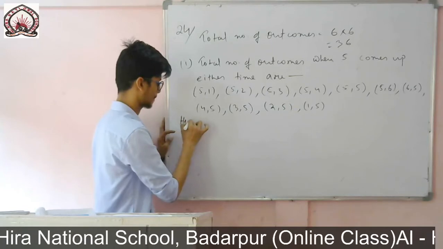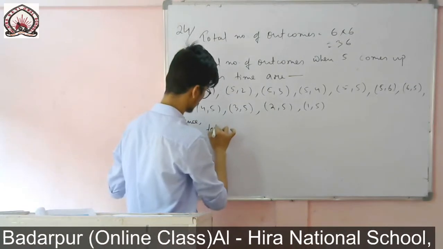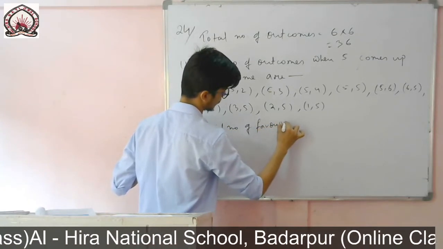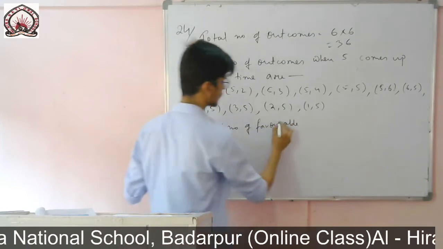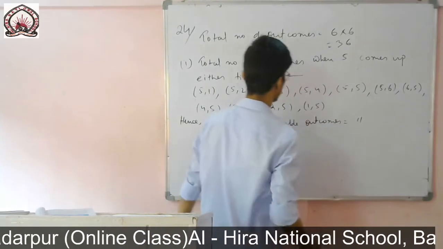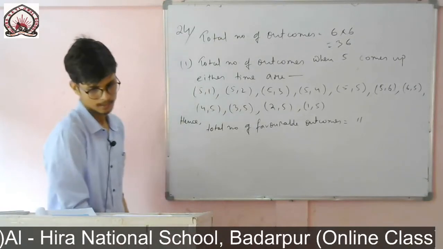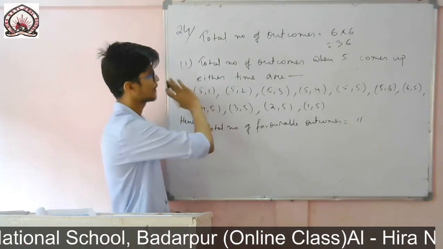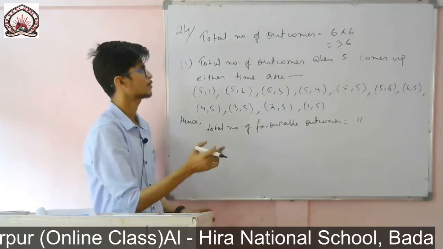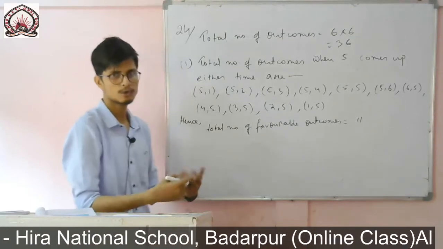So hence the total number of favorable outcomes is equal to 11. In 11 cases, 5 will come up on either time, on any one of the dice one face will be 5. But the question is that it should not come.